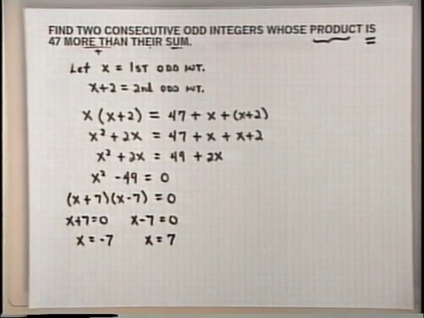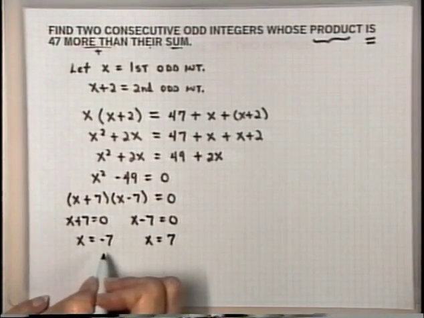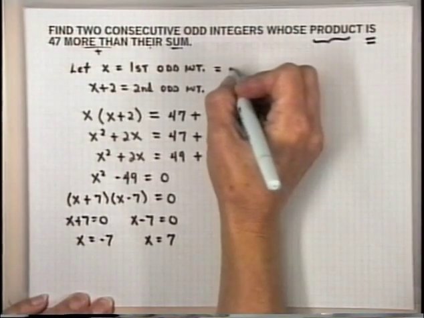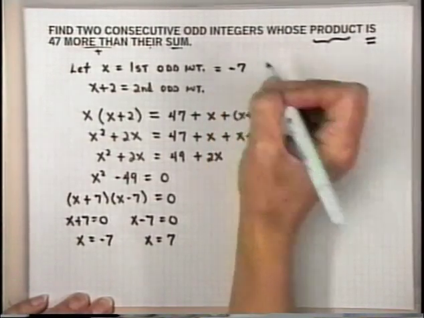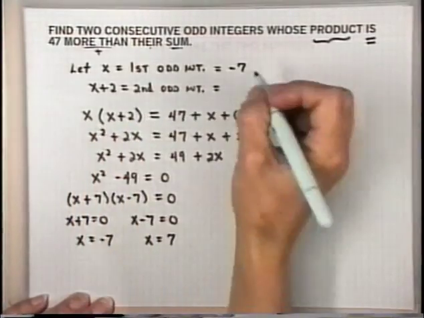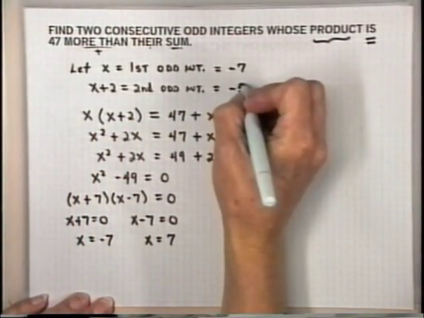You'll notice here that we have two choices for x. So we're going to need to check both of these solutions. Let's start with the negative 7. If our first odd integer x is negative 7, then negative 7 plus 2 would be negative 5.